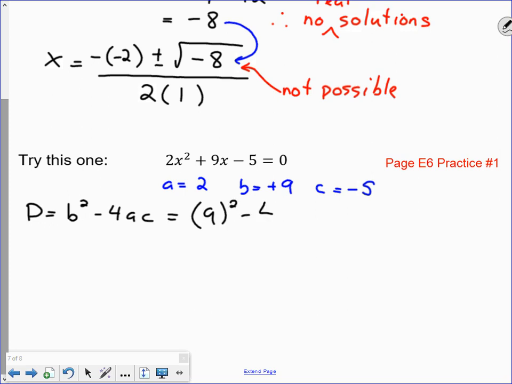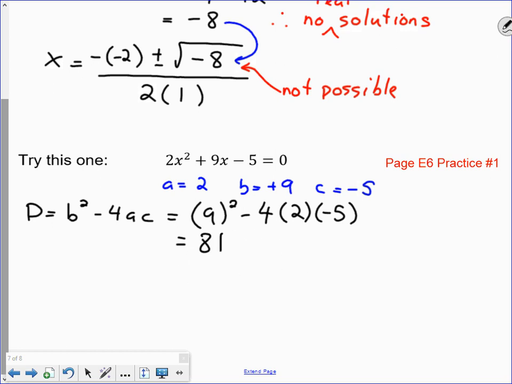which is going to be 9 squared minus 4 times 2 times negative 5. 9 squared is, sorry, not 36. 9 times 9 is 81.